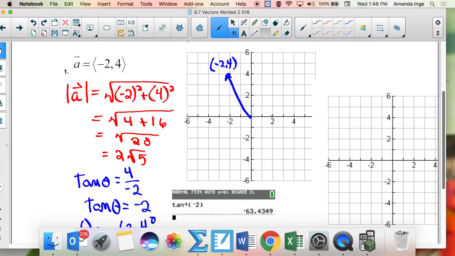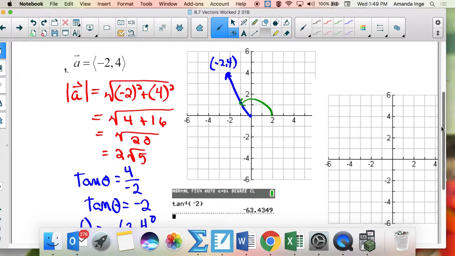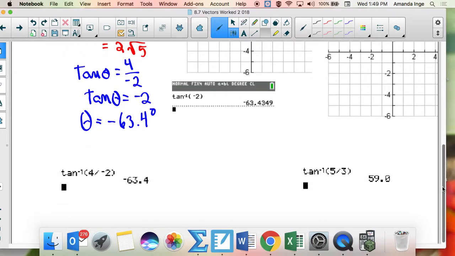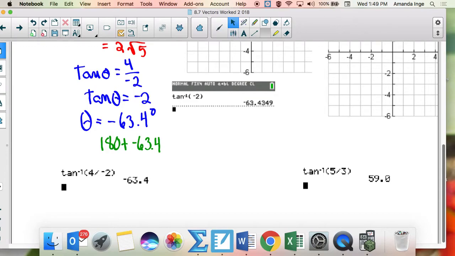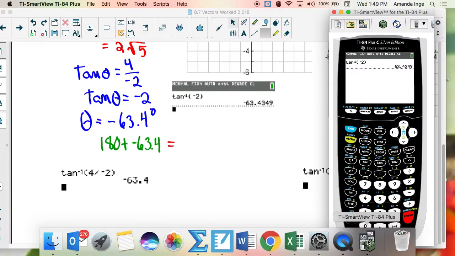So we want to find how far it is from here to here. So the actual answer to this is 180 degrees plus -63.4. Okay. So if we put that in our calculator, what do we get? We get 180 degrees minus 63.4.